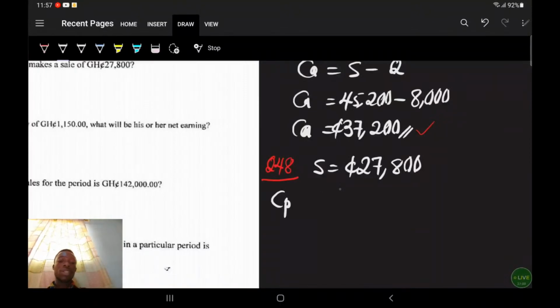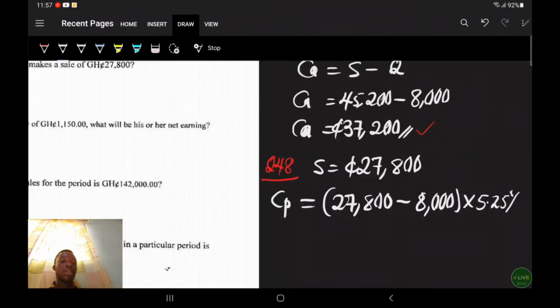So the personal commission is going to be the sales of 27,800 minus the minimum quota of 8,000, and you apply the rate of 5.25%.